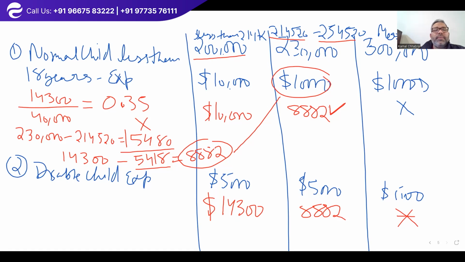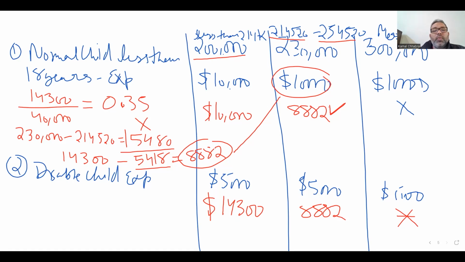Total income which has increased from 214,520 to 230,000 is 15,480. So if your income is 15,480 more than the base amount, you will be eligible for less by 5,418. So 5,418 you'll be reducing from the total maximum limit, which gives 8,882. This is what we have calculated right here.